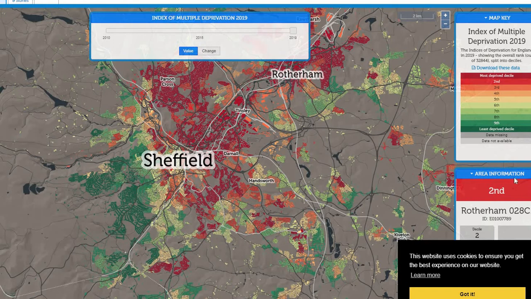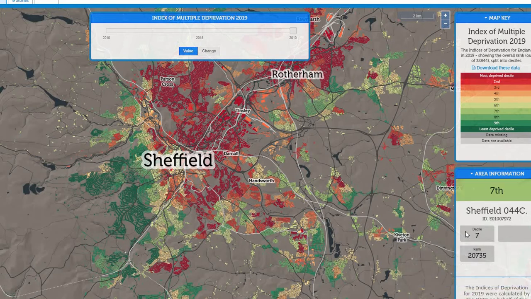Now, this area here on the map gives you quite a lot of nice information, because it gives you a rank for where that place is in the whole country, and it changes to tell you where it is on this chart. As you move your mouse around, you can see that it's changing, and so you can get a really clear idea of where places are.